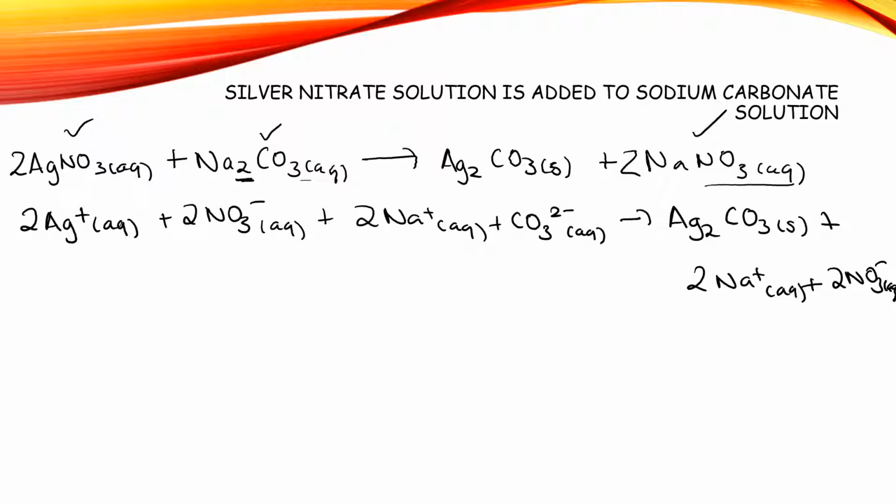Exactly the same thing. Cross them off. They are a spectator. The 2 sodium ions here in solution are 2 sodium ions here in solution as well. They haven't done anything. They're a spectator. Cross them off. The carbonate ions are in solution, and here they've gone into a solid. So they've done something. They're participating.